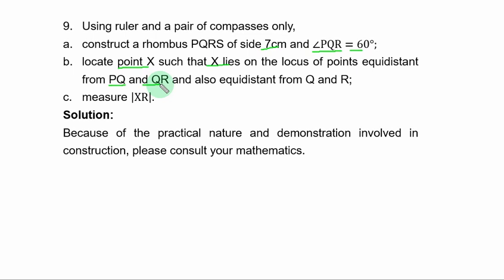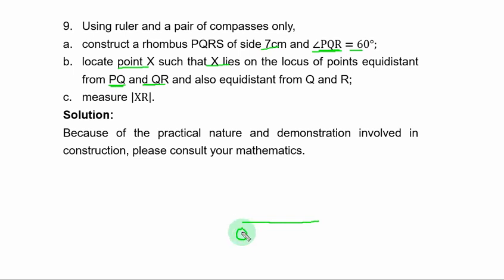For a rhombus, all the sides are equal, and as you are doing that, you must look at this and this, they have point Q in common, and the angle 60 is also located at Q. So from here you draw this line and measure it 7 cm.